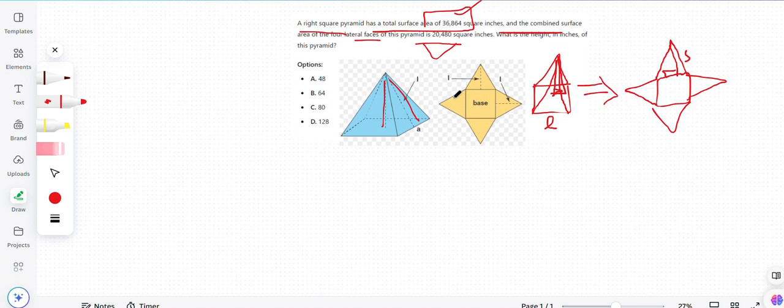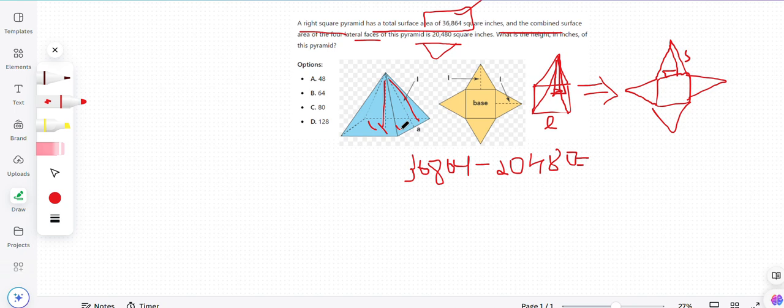First of all we have to find the area of the base, which is a square. So total surface area, 36864, minus lateral surface area, equals the area of the square, or area of the base.